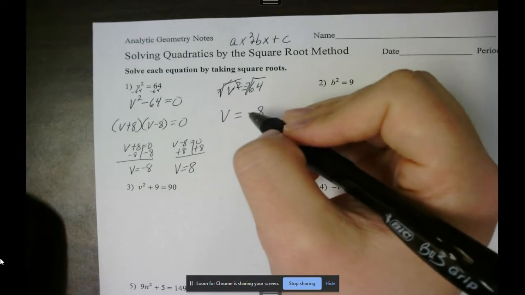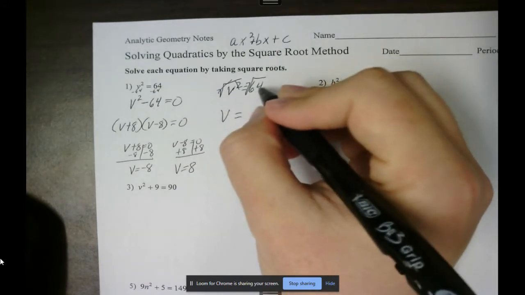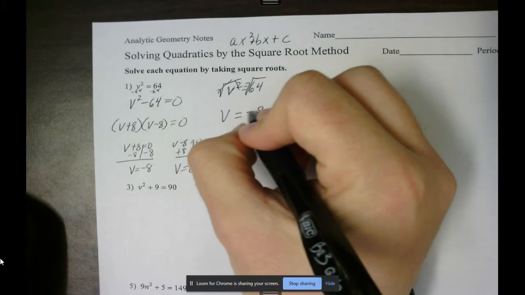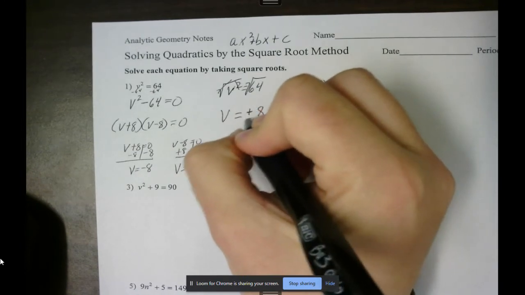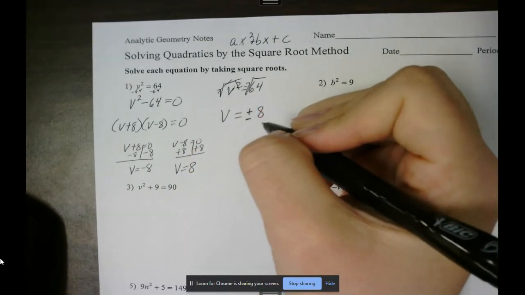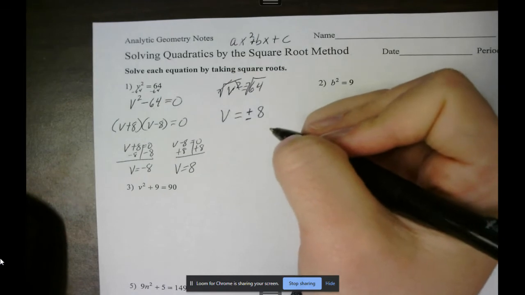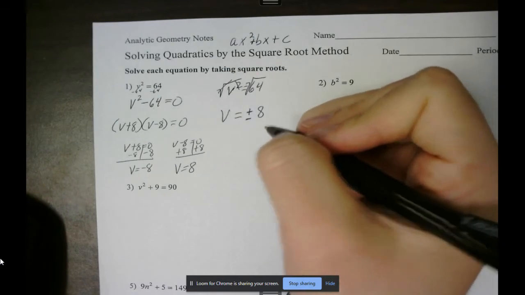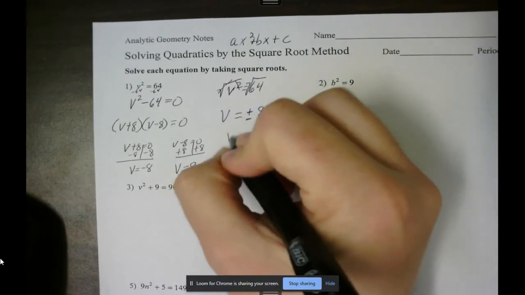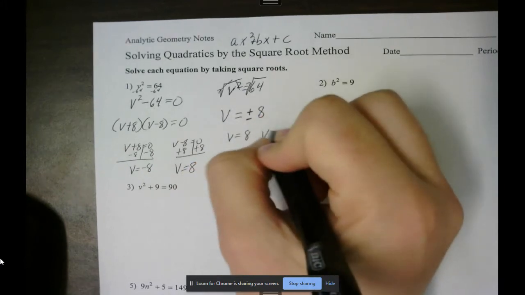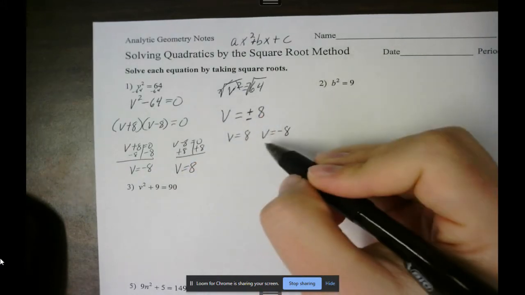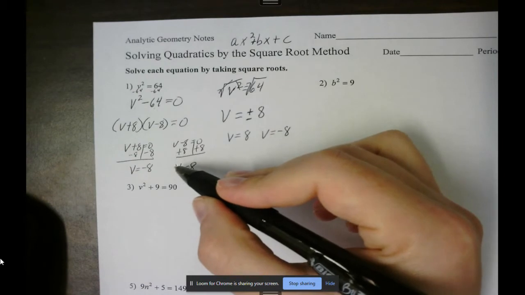Does that make sense? So anytime you take the square root of a number, you need to realize that the answer is going to be positive or negative, right? There are two possible answers there. So again, that means v equals 8 and v equals negative 8, which are the exact same two answers that I got when I did it by factoring.